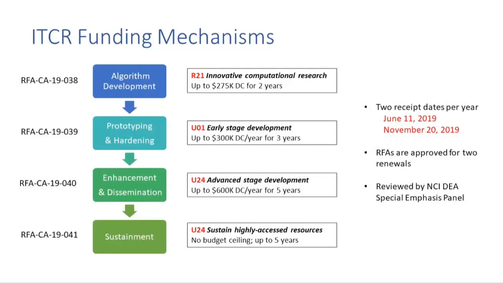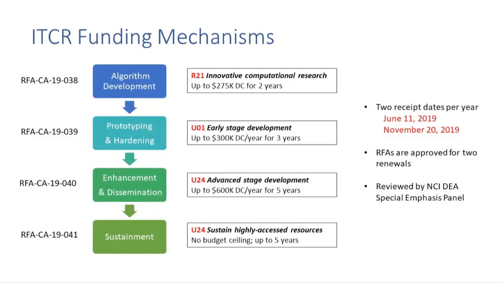We use a U24 mechanism to support advanced stage development of promising informatics technologies to support their enhancement and broader dissemination to the community. And finally, we use another U24 mechanism to sustain resources that are already very widely used in the community, and the community has come to depend on them. And this mechanism supports their continued availability to the community.